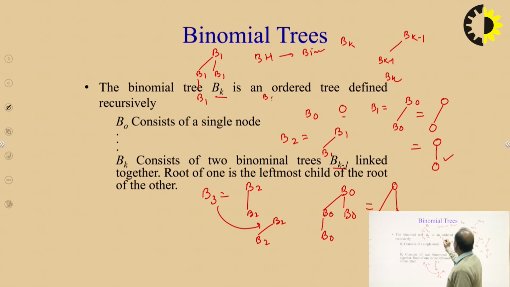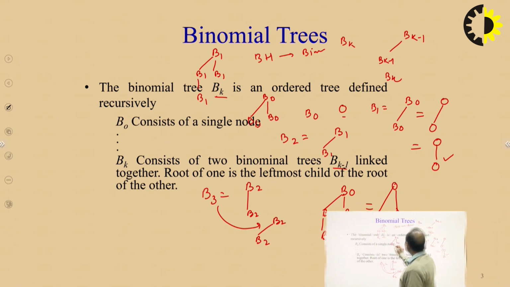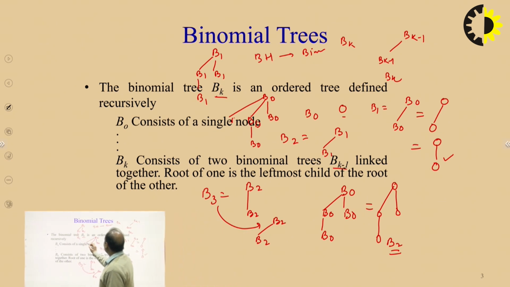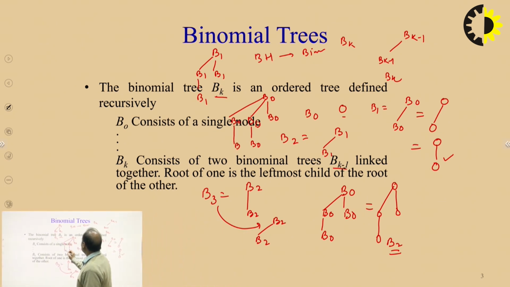Again B1 is a collection of 2 B0. And again B1 is a collection of 2 B0, and this B1 is a collection of 2 B0. So this is actually the definition of the binomial tree.